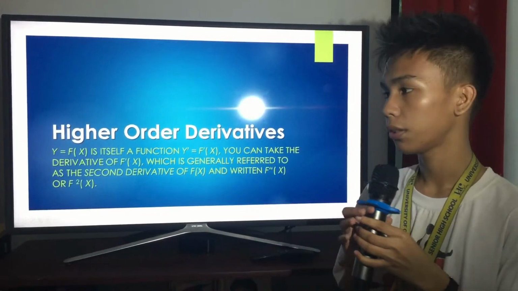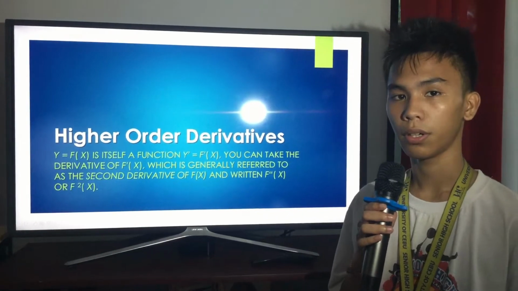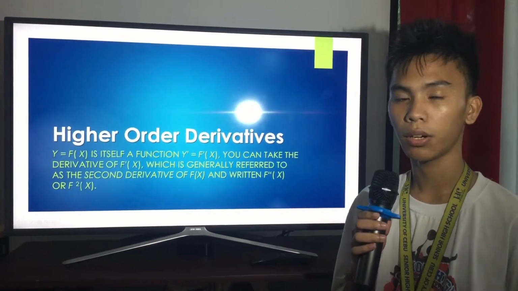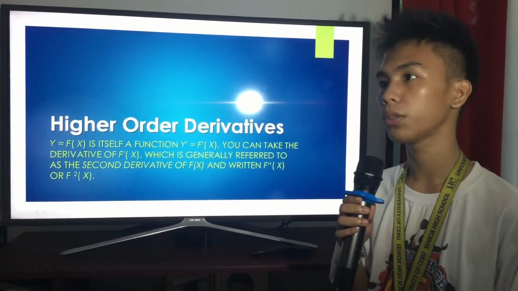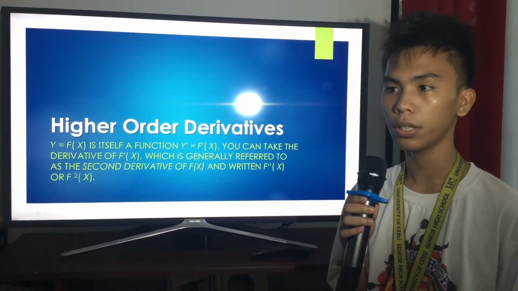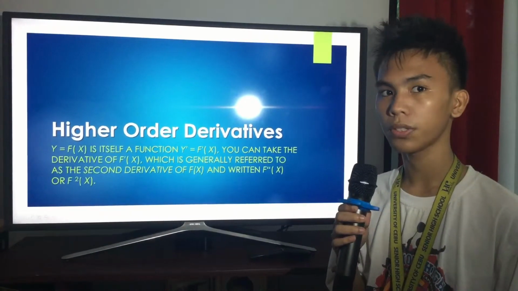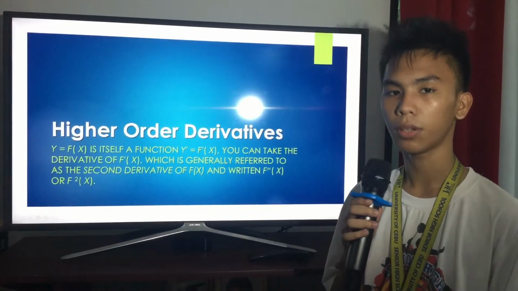Also, you can derive the second derivative of the function f of x, which is called the third higher order derivative, or you can also derive the third higher order derivative, which is called the fourth, and so on, fifth, sixth, seventh, and so on.